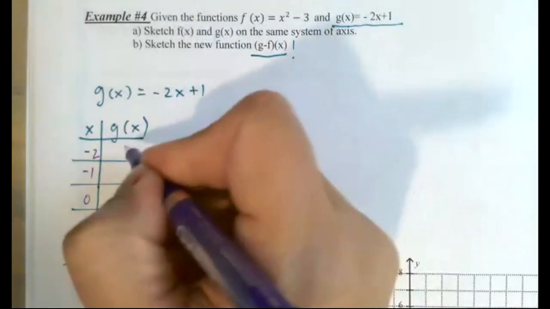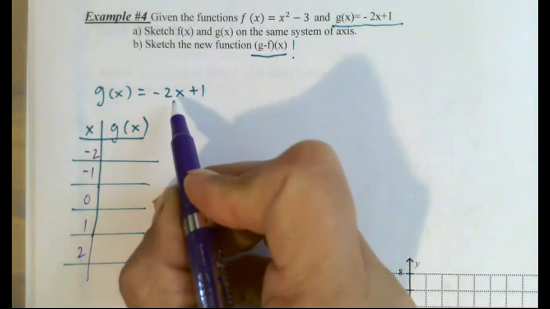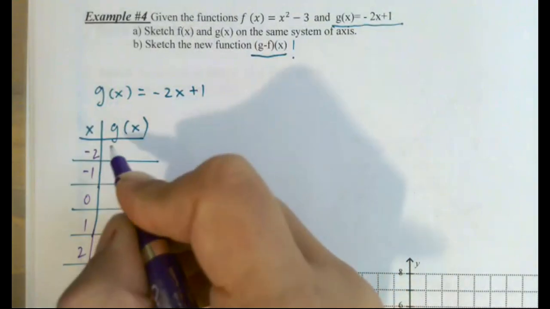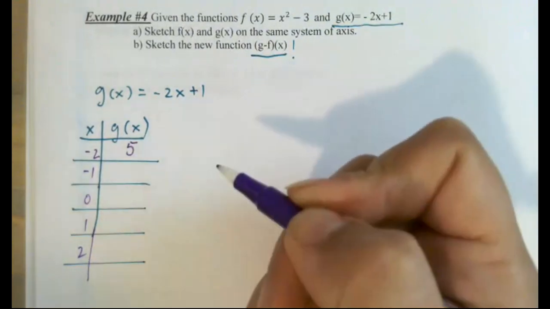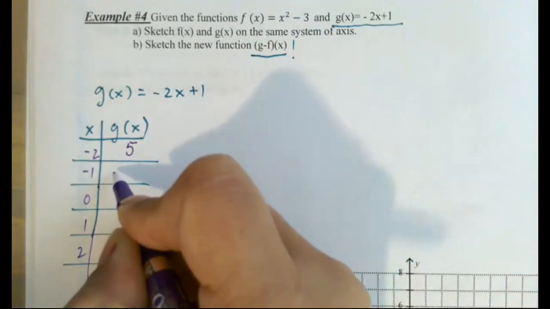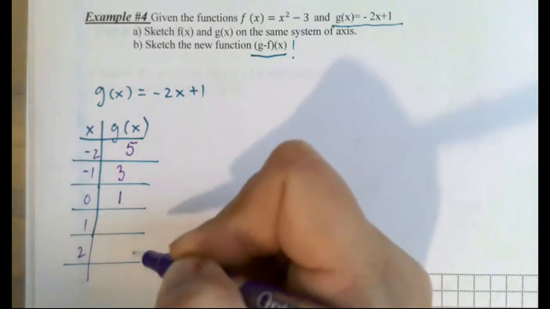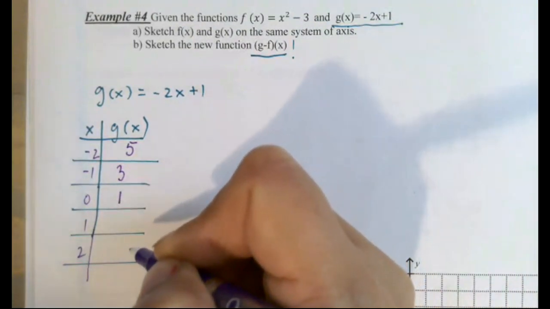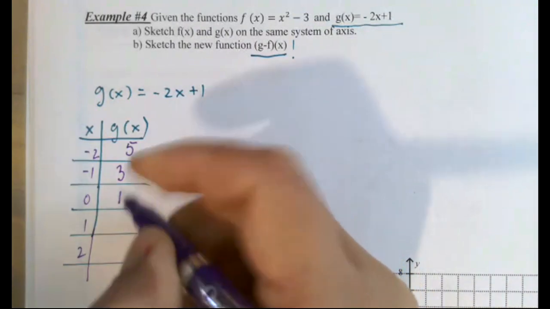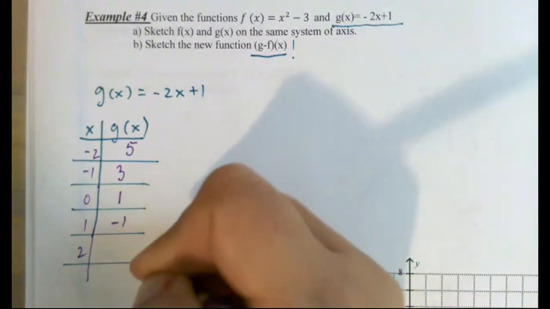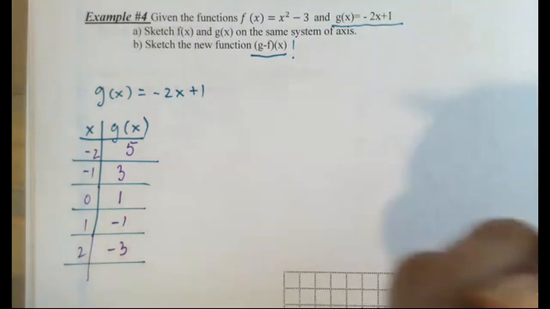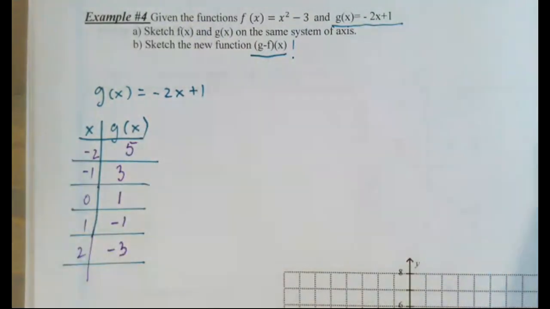So -2: -2 times -2 is 4 plus 1 is 5. -1: -2 times -1 is 2 plus 1 is 3. And then 1 when x is 0. And then we have -2 plus 1, which is -1. And then we have -4 plus 1, which is -3. So those are the points: (-2, 5), (-1, 3), (0, 1), (1, -1), (2, -3).